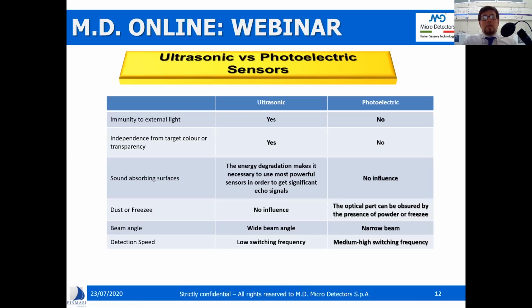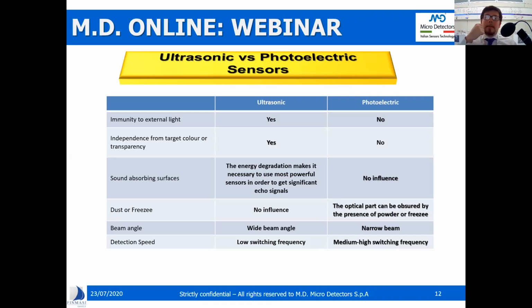Furthermore, the ultrasonic sensor has a high immunity to external light. It's the reason why we can use it in external applications without considering possible light interferences. While a photoelectric sensor is affected by external light, and in fact, we talk about light interference.